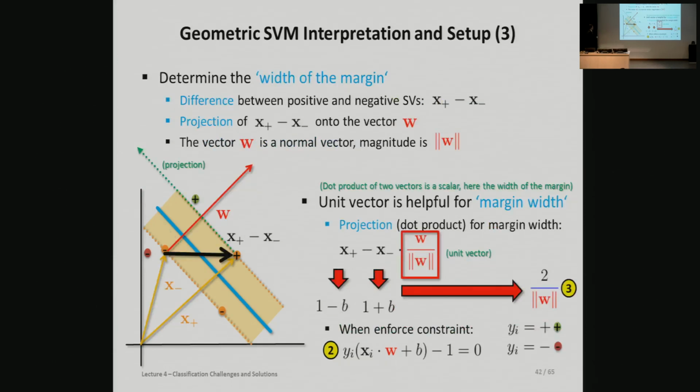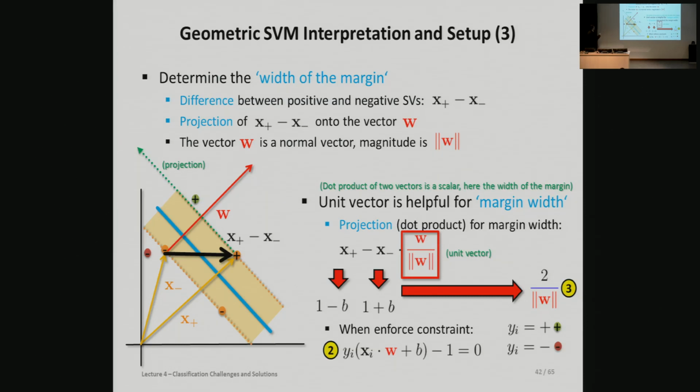So we come to the next step of the development, where we think about the width of the margin, because this is what we are mostly interested in. What's the idea of the margin? Maximizing the margin. So we want to have a handle on the margin. How we get the margin: we established already that W is always perpendicular to the plane, or orthogonal, however you would like to say.